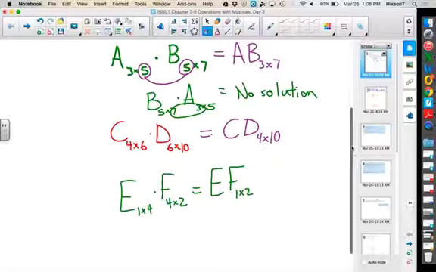Now, when you do the matrix multiplication, that means you're going to have to find 21 different values. And there's a lot that could go wrong if you're not careful with your arithmetic. So just be very careful. CD is going to have 40. However, EF only has 2.